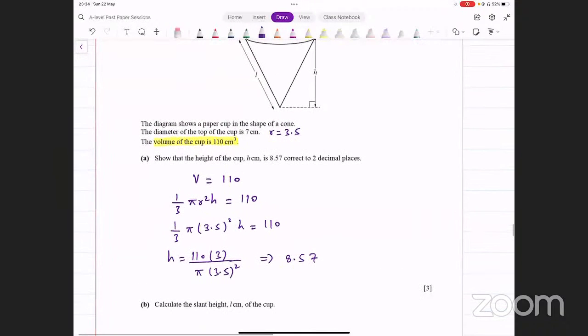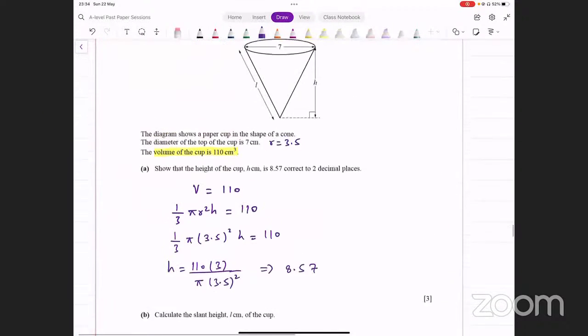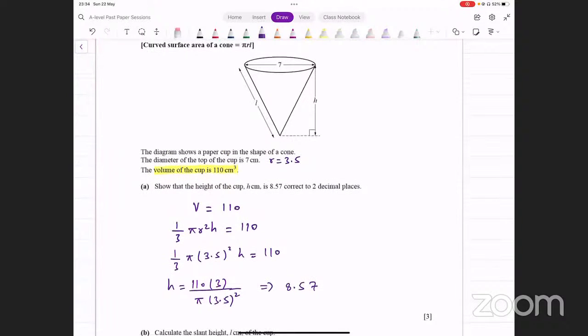Now in the second part, it says calculate the slant height L centimeters of the cup. So slant height कैसे निकालें? We've got the height. So यहाँ पर diagram के ऊपर अगर देखें, so this calculation we've got to do a lot of times when we are dealing with cones. This is the height. Height आपको पता है? That's 8.57. We know this length. This is the radius.